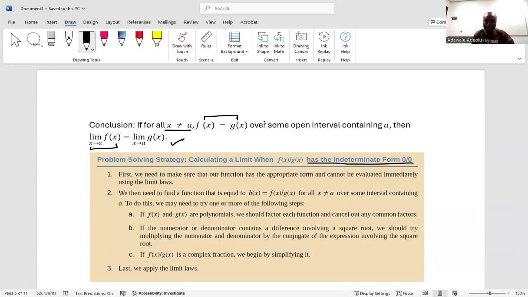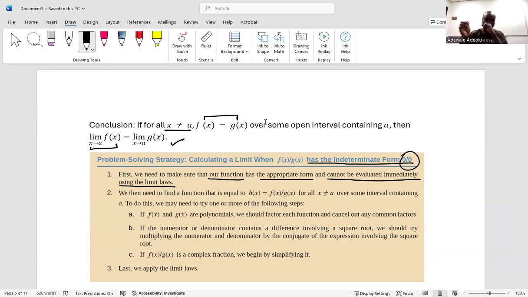We need to make sure that our function has the appropriate form and cannot be evaluated immediately using the limit laws. If it has that form, it means you cannot just substitute or use all the limit laws that we have talked about earlier.